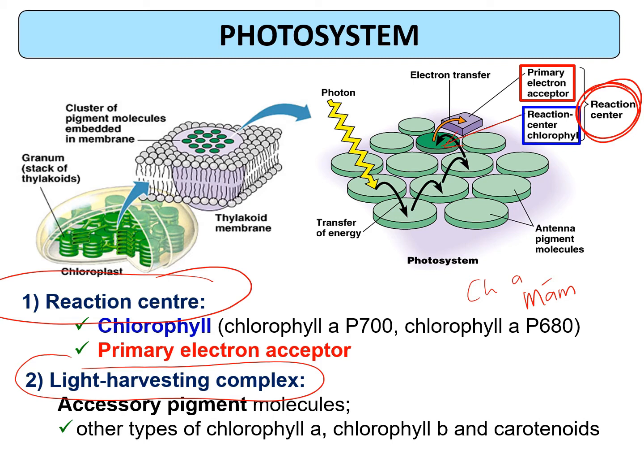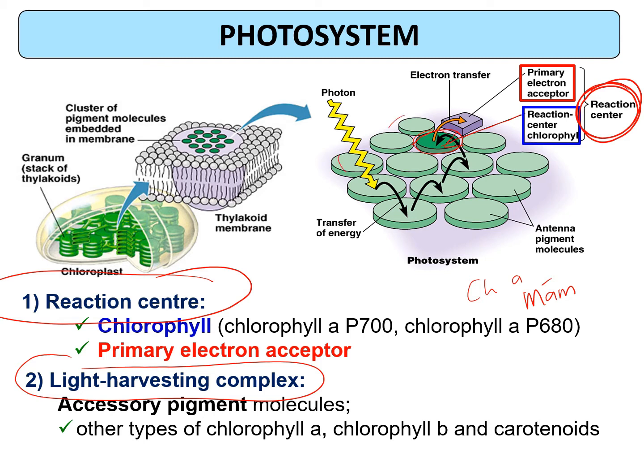Why? Because it is the reaction center of the photosystem. The reaction center has chlorophyll A, and it should have the primary electron acceptor.